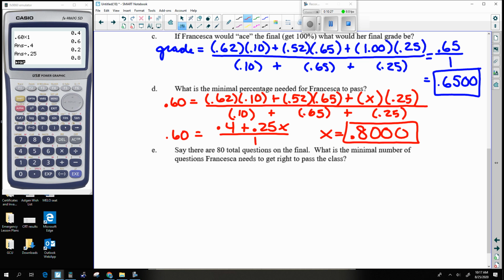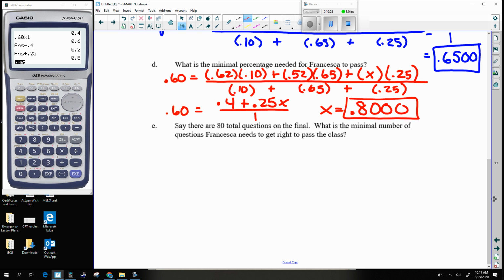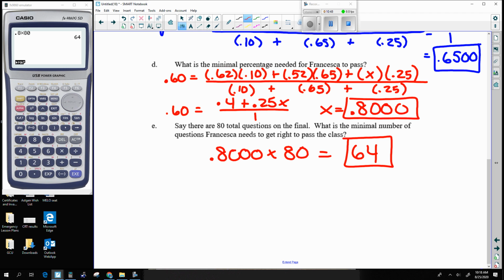You have to get an 80% on the final to pass. So if there's 80 questions, we take 80% of 80 questions. That's 64 on the nose. She has to get 64 questions correct. There you go, that's weighted averages.